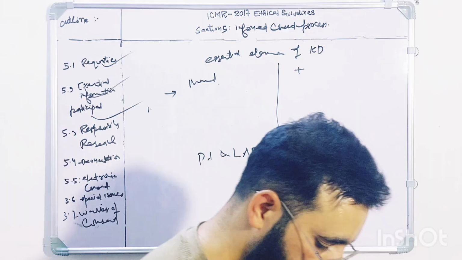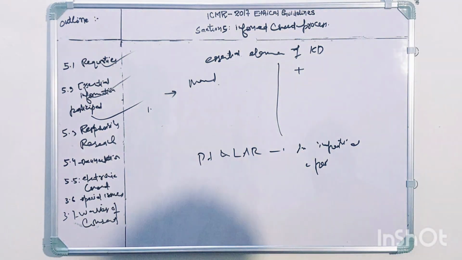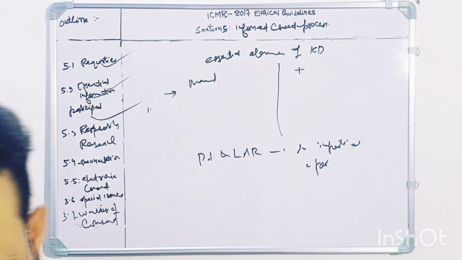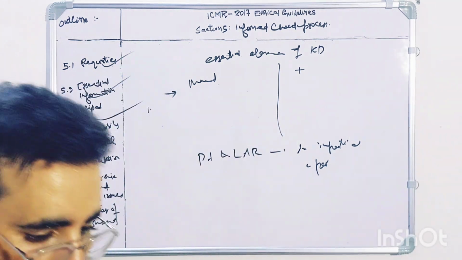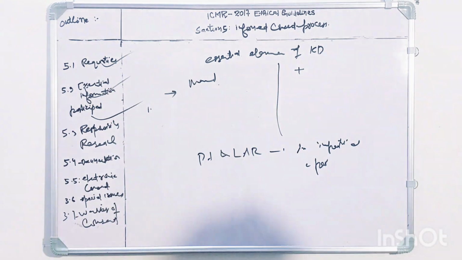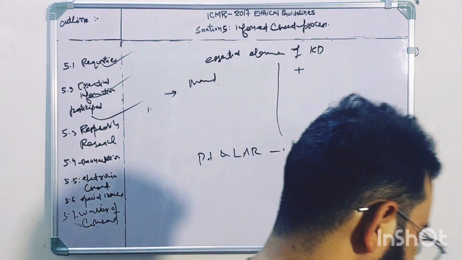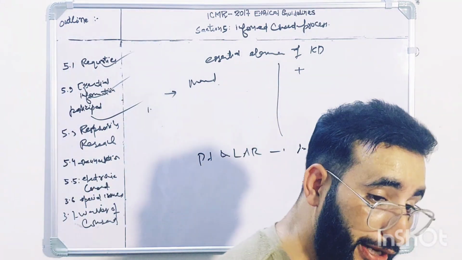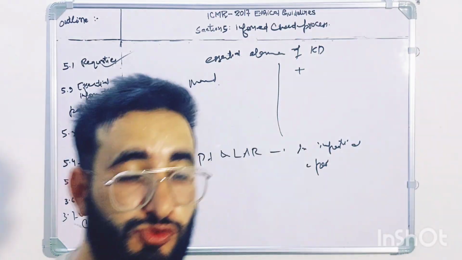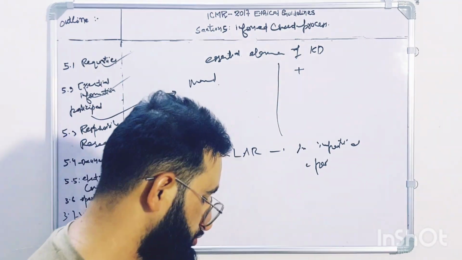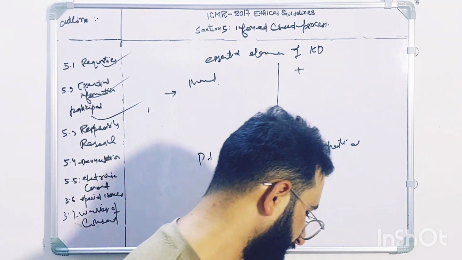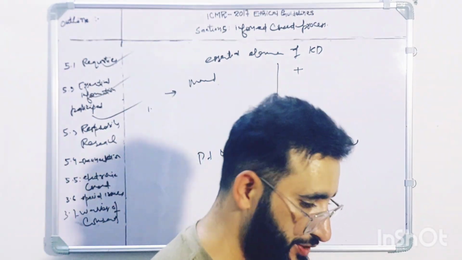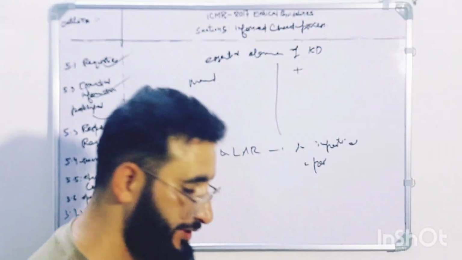For example, if the person cannot sign or cannot give a thumb impression, then verbal or oral consent, prior approved by the ethics committee, in the presence of an impartial witness who should sign and date the consent document.